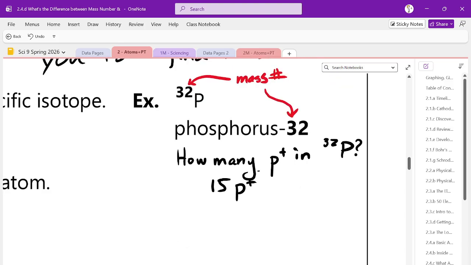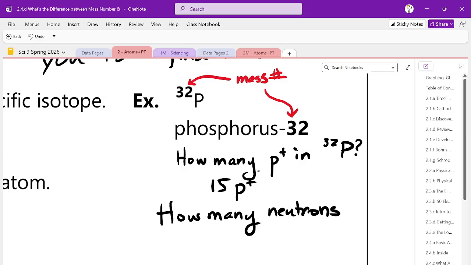How many neutrons in phosphorus 32? Yeah. How would we figure out that there's 17?